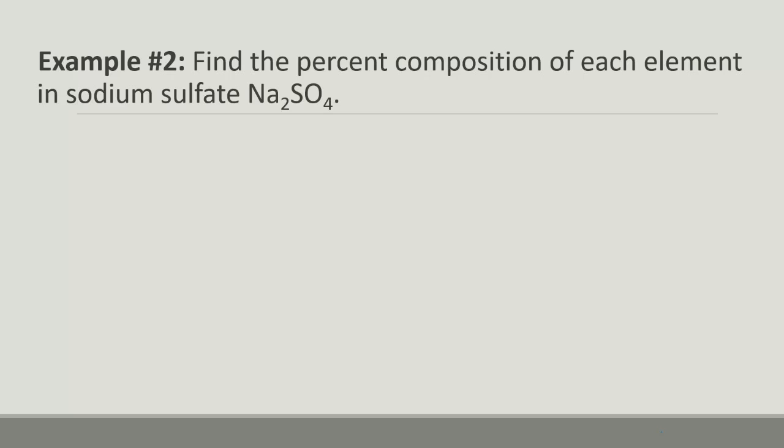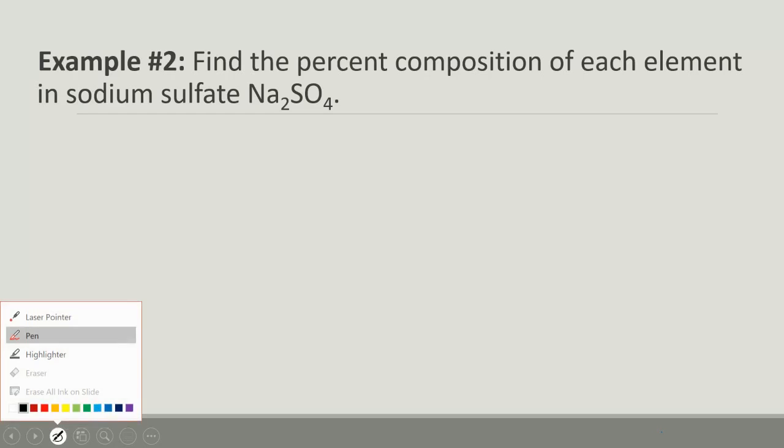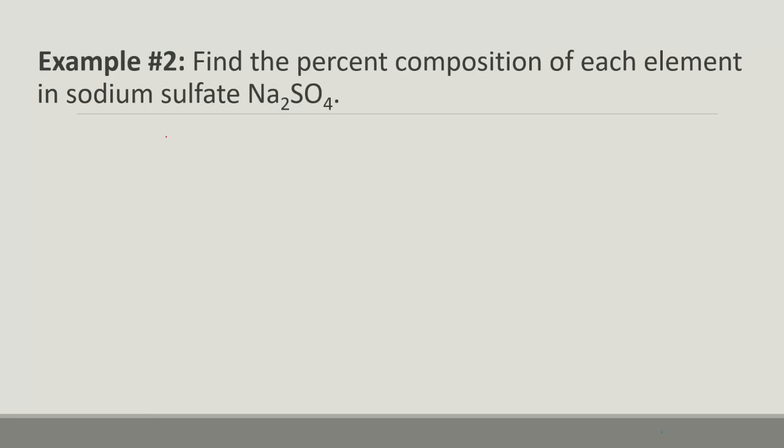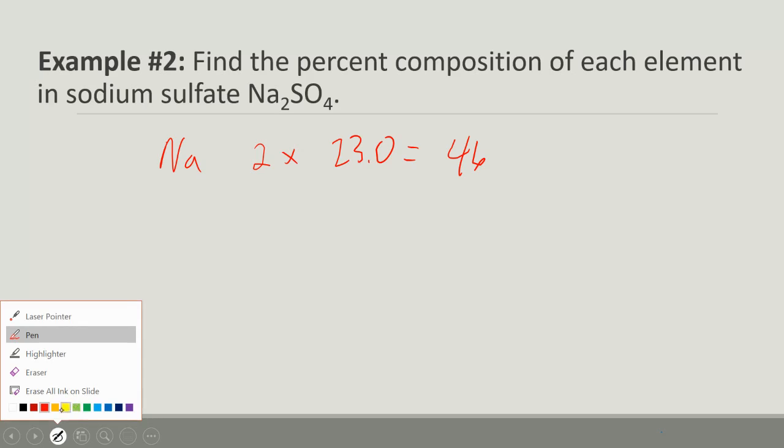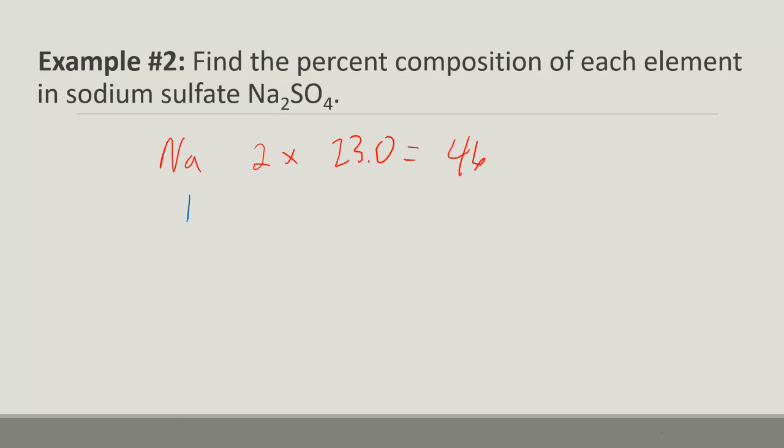So for this one, it's much longer. We're going to have sodium, right? So we have 2 atoms of sodium, and each sodium weighs 23 on the periodic table. And then we're going to have 1 atom of sulfur. Oops. And each sulfur on the periodic table weighs 32.